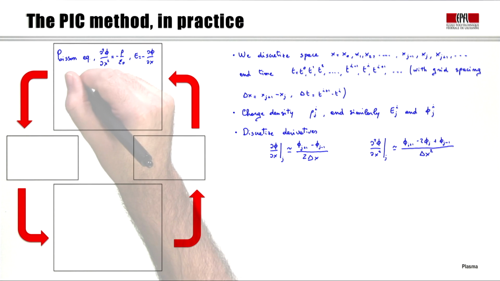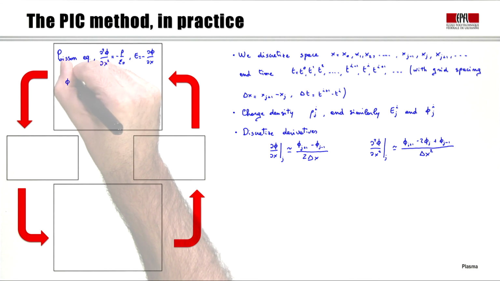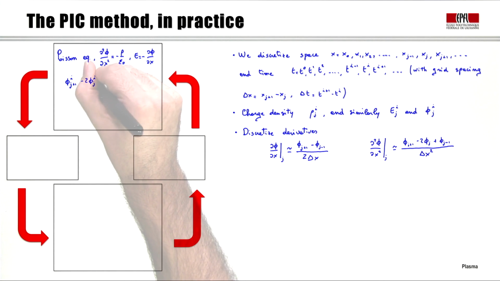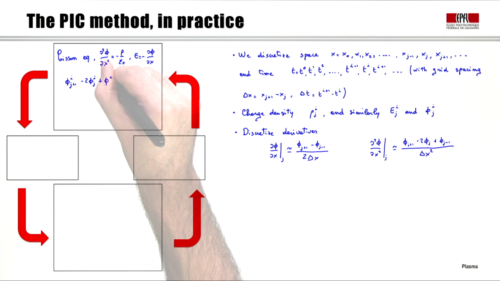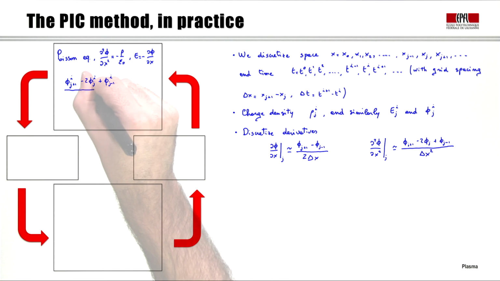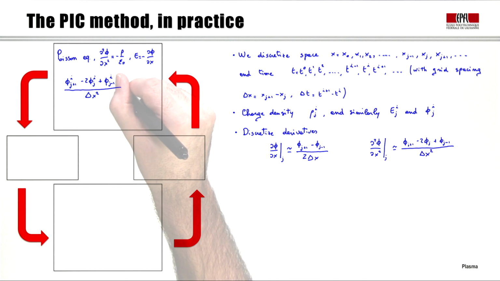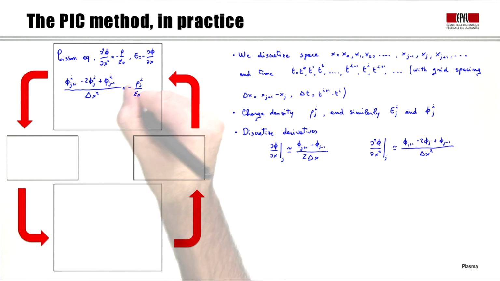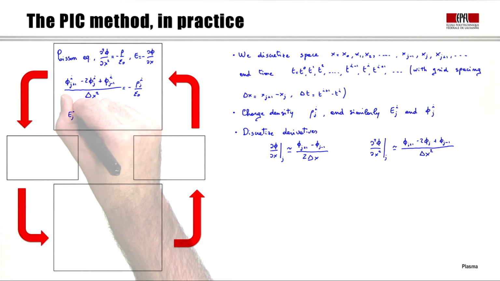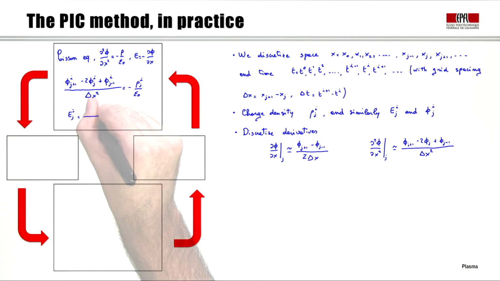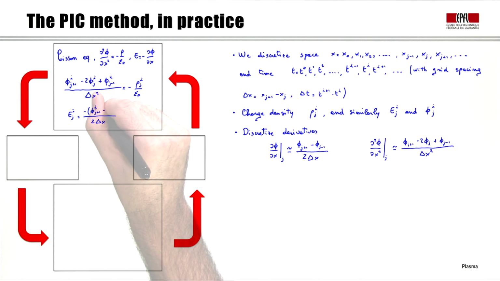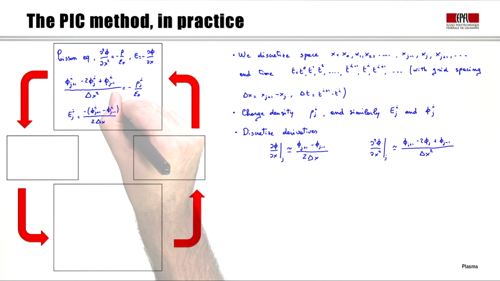Therefore, coming back to our Poisson equation, we will have that phi at time i position j plus 1 minus 2 phi i j plus phi i j minus 1 divided by delta x squared is equal to minus rho i j divided by epsilon 0. And similarly the electric field will be given by the difference between the electrostatic potential at position j plus 1 and j minus 1, divided by 2 delta x.